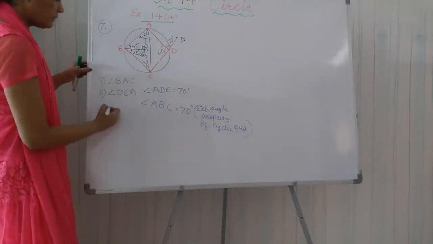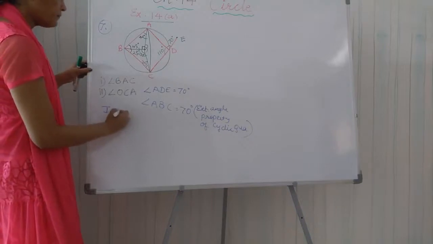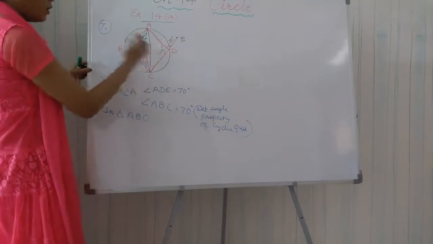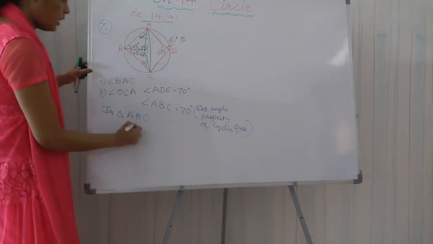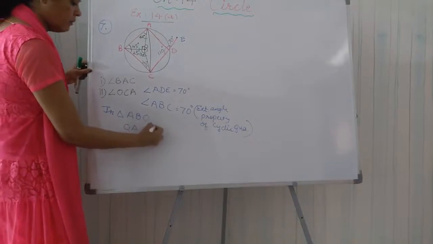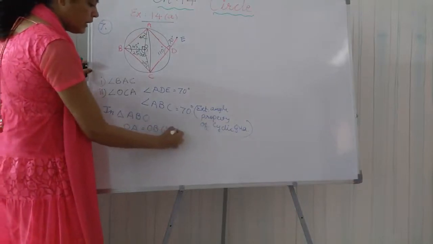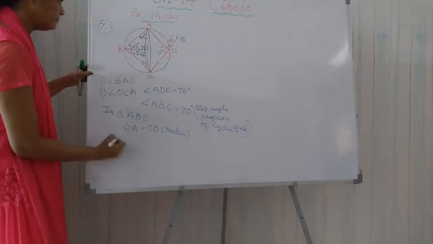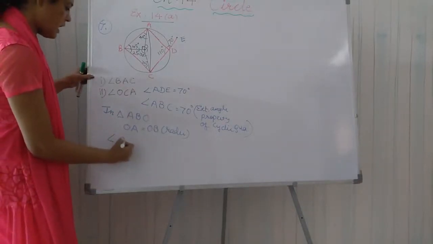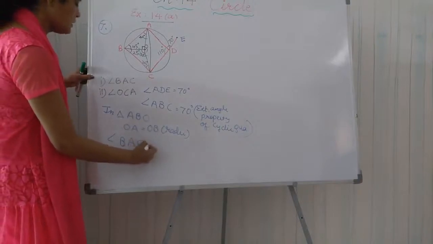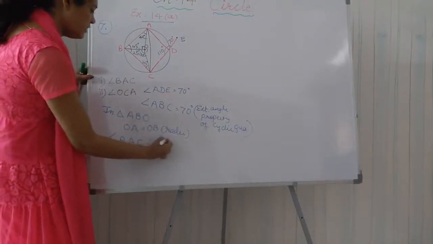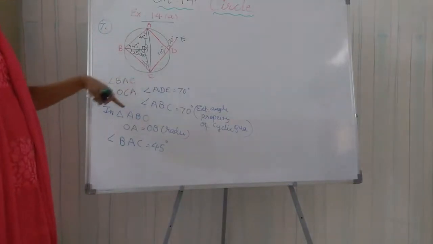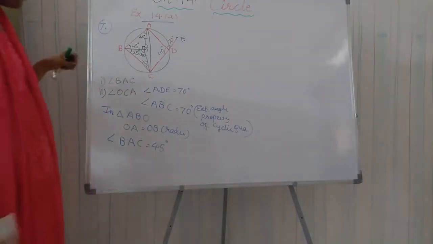So now I am writing in triangle ABO, this one, ABO. Now OA is equal to OB. Why? They are forming radii. So we write angle BAO is equal to 45 degrees. So first answer found, you see, BAC, not BAC actually, it is only BAO we got.